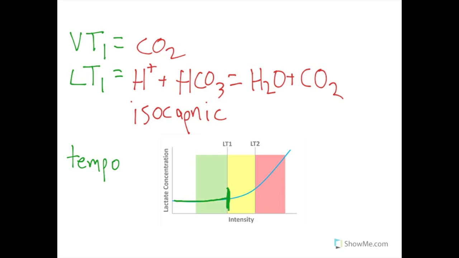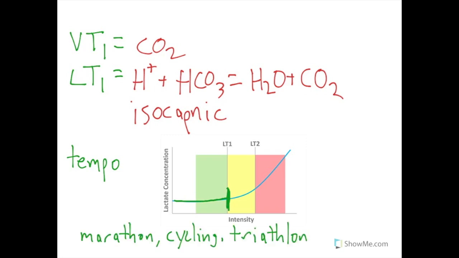And your performance at this threshold, at your VT1, is an excellent predictor of performance in an endurance, 2+ hour race like your marathon, cycling races, or triathlon. Your VT1 is dependent on the number of mitochondria. And you can raise this threshold, which is awesome.